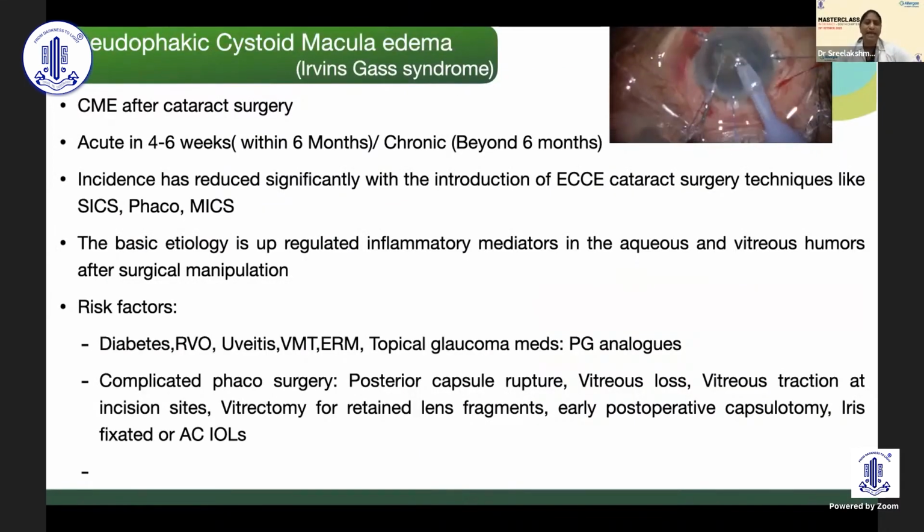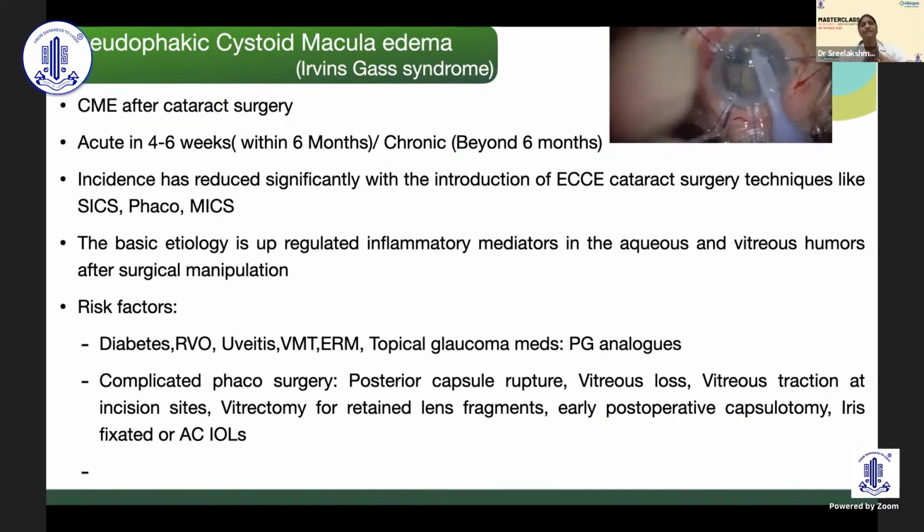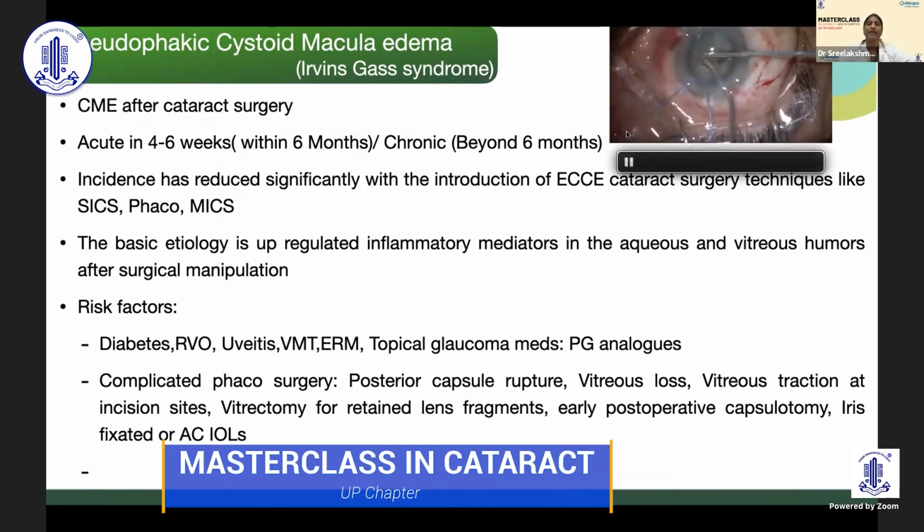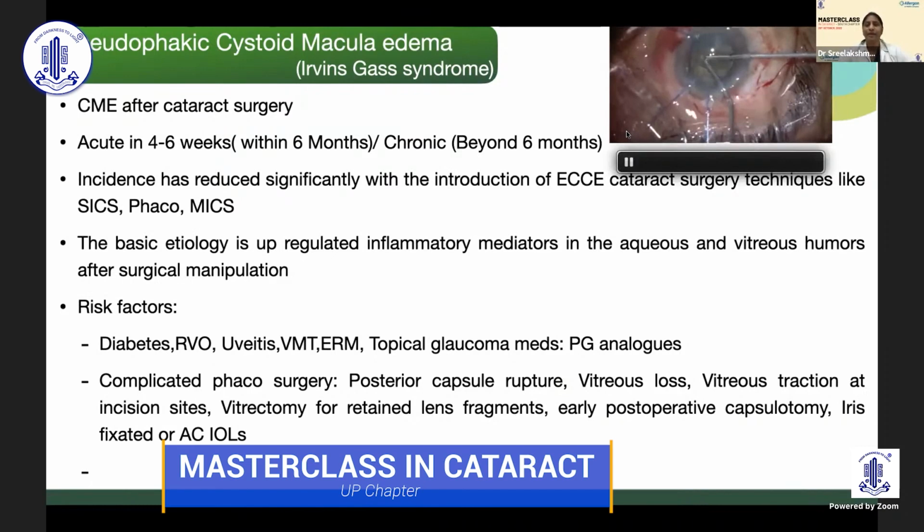And another scenario is cystoid macular edema. Primarily, cystoid macular edema is the extension of rebound iritis. Apart from the risk factors, I'm showing one case which has a very hard, rigid pupil and a hard cataract.